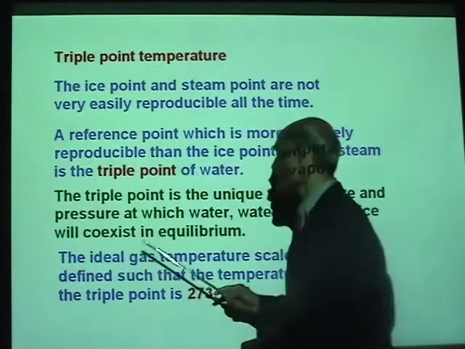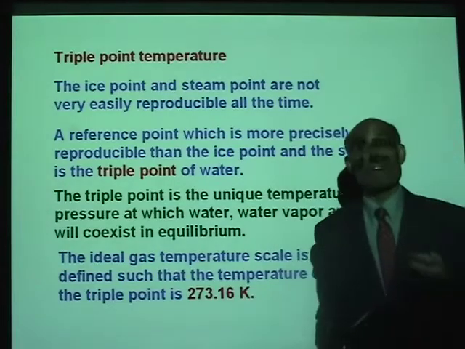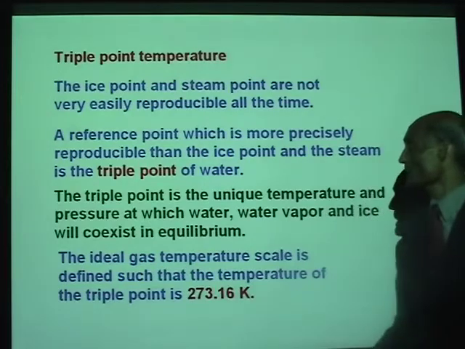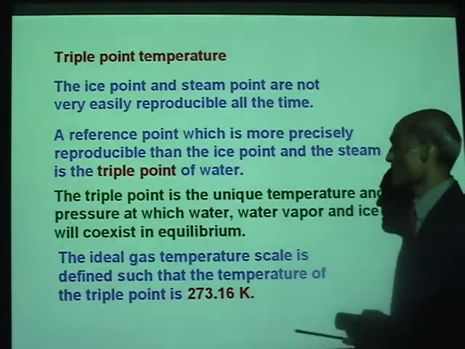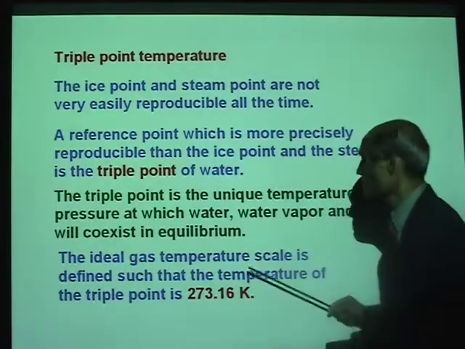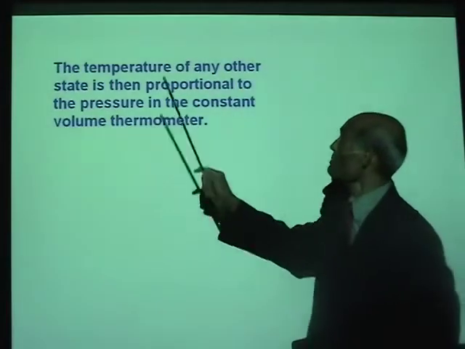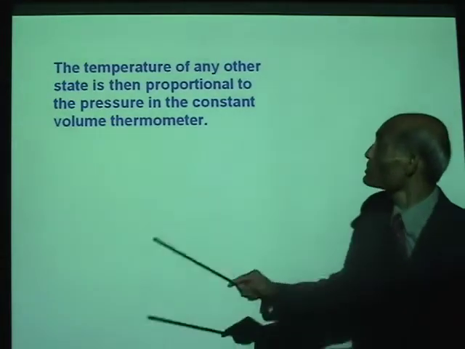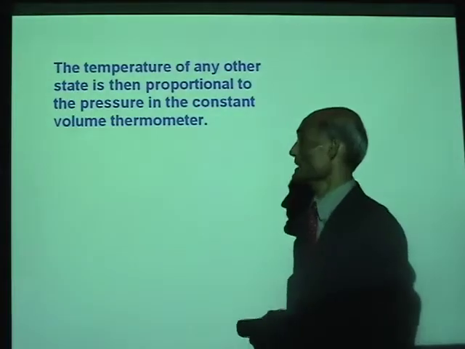Now the ideal gas temperature is defined in such a way that the temperature of the triple point is 273.16 Kelvin. The temperature of the triple point is 273.16 Kelvin. Now, the temperature of any other state can then be proportional to the pressure in the constant volume thermometer.